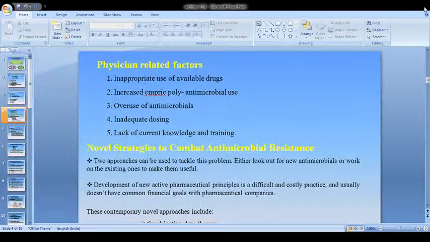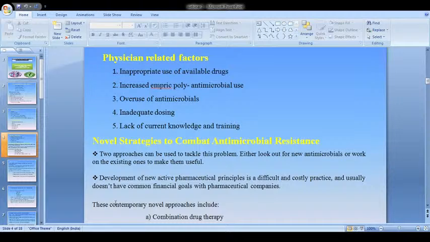Next, we are going to see the novel strategies to combat antimicrobial resistance. Here the two approaches can be used to tackle this problem. The contemporary novel approaches include the following therapies.